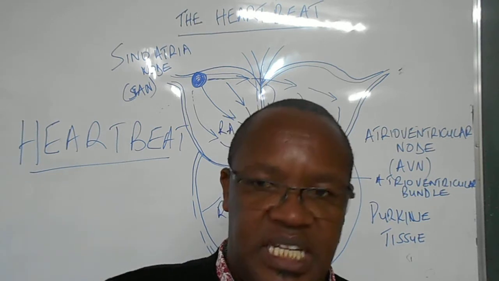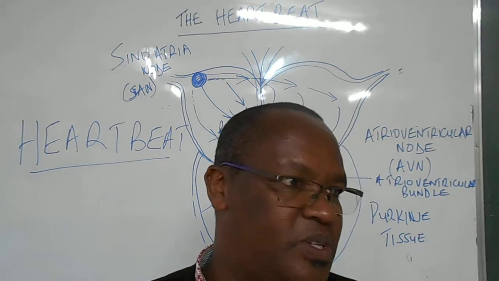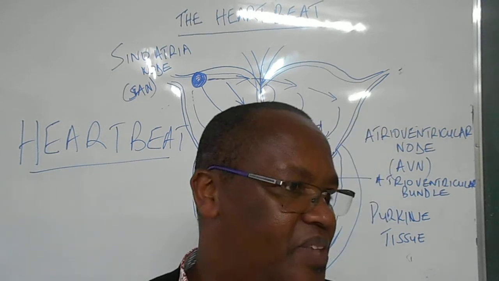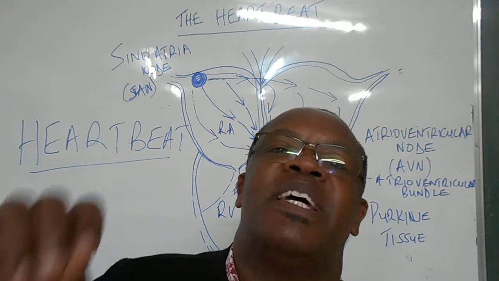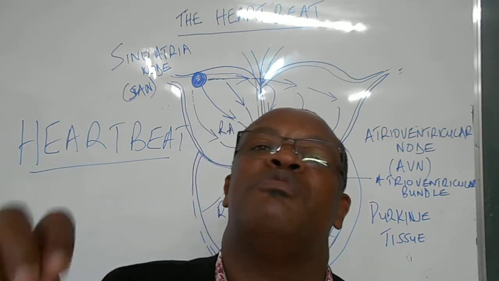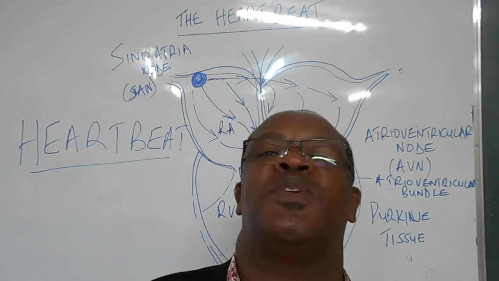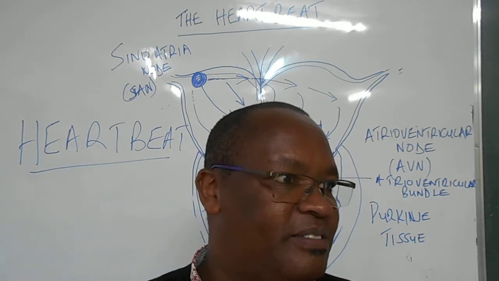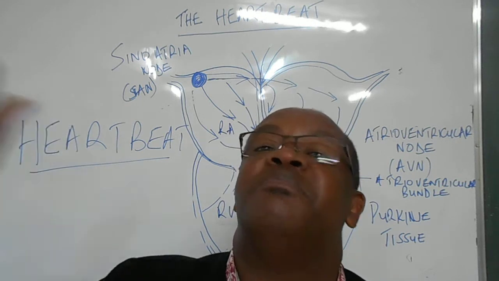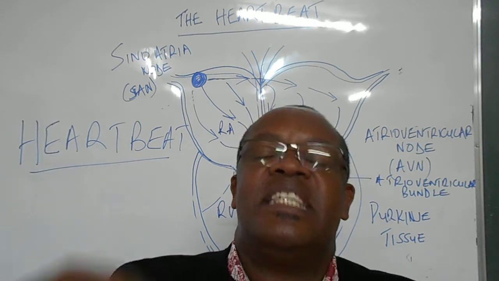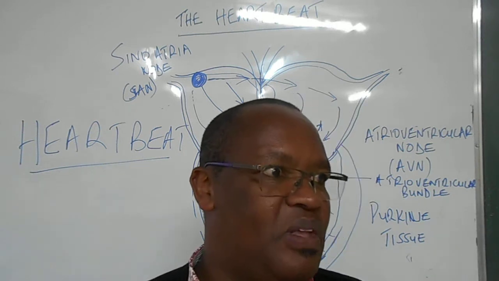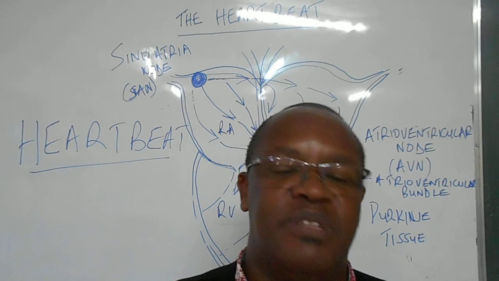The contraction of the heart muscles is initiated by the heart muscles themselves. It is not controlled by the brain or the central nervous system. And because of this, we say that the heart muscles are myogenic. They are myogenic because they do not rely on the brain. They initiate the contraction themselves or from within themselves.